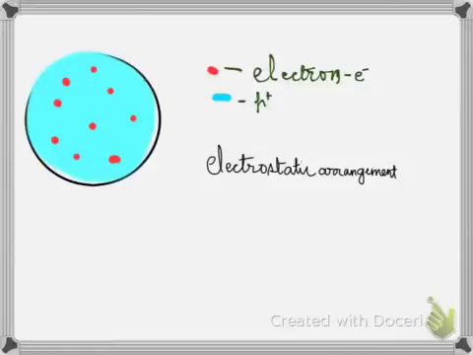So let us suppose that we have two charges, an electron and an electron. Then we know that these two will repel each other, right? Similarly, in the case of a proton, if we have a proton here and a proton here, then these will again repel each other, right?